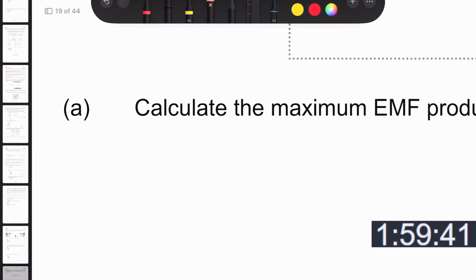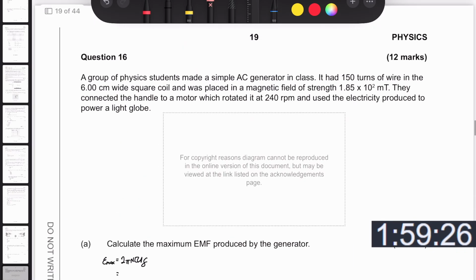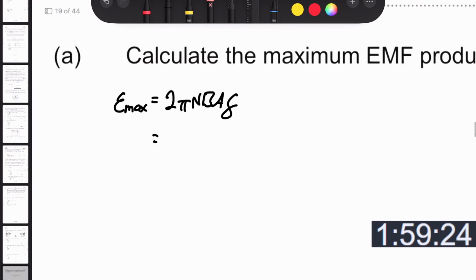So E max, I like these questions where it's just put in the values, is equal to 2π N B A f. Now it's 2π times 150 turns.